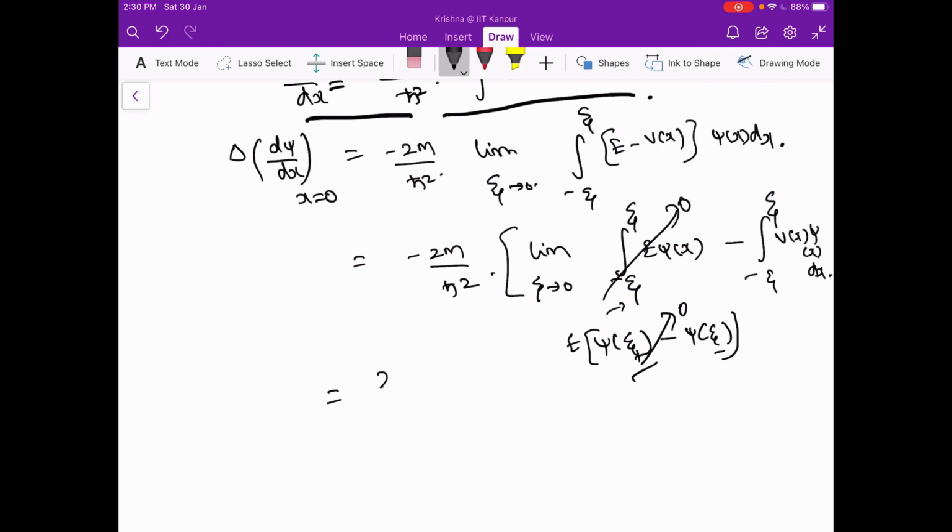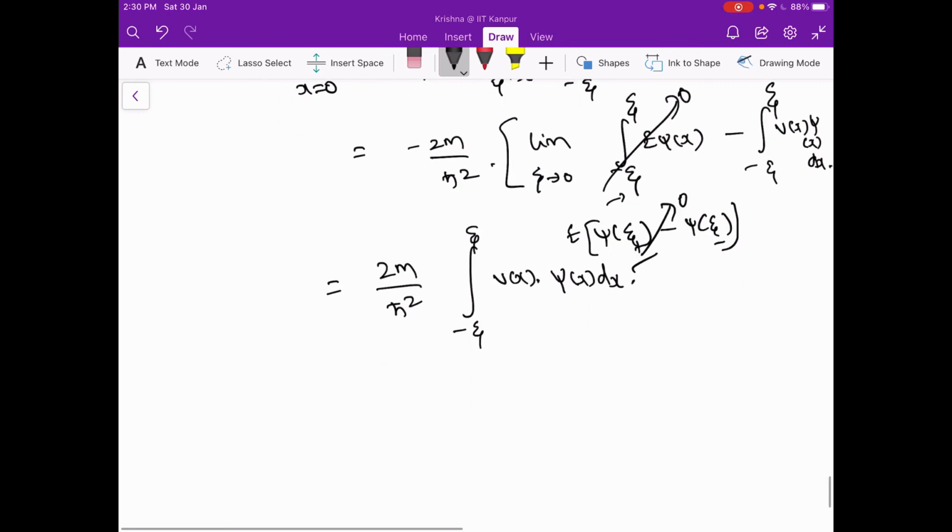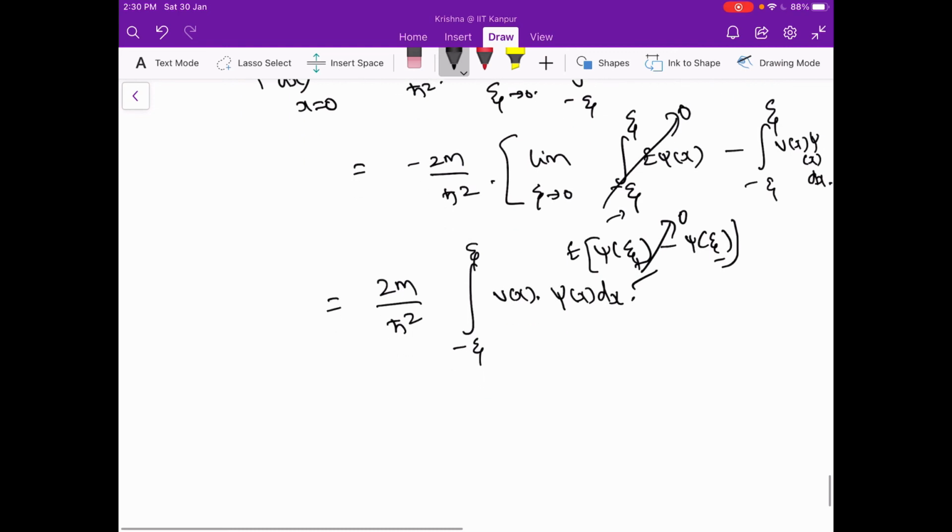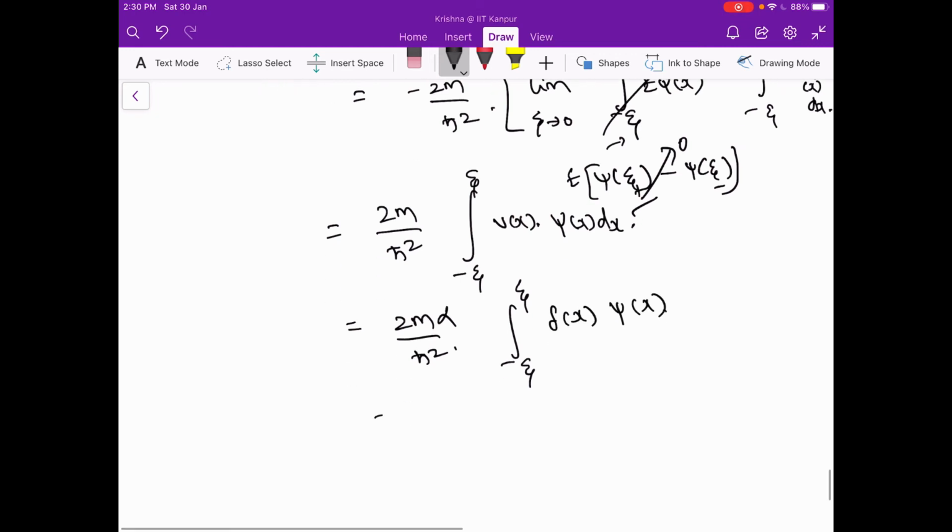So whatever is left is 2m by h bar square integral from minus eta to eta of v of x psi of x dx. And v of x is basically alpha times delta. So this is 2m by h bar square, integral, alpha obviously comes out, delta of x and psi of x, and this will turn out to be 2m alpha by h bar square.